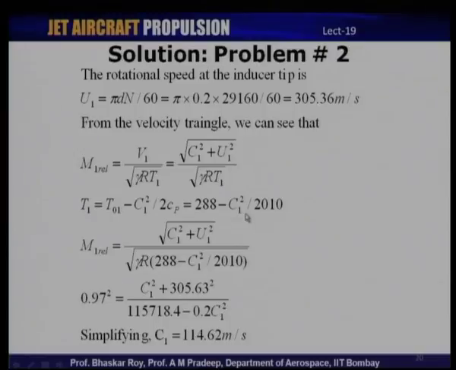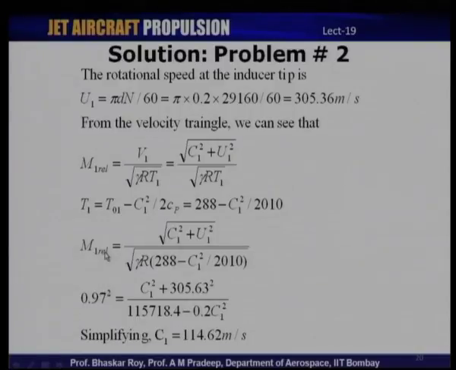Therefore, we get C1 square by 2010. So, relative Mach number is equal to square root of C1 square plus U1 square, where U1 we have just now calculated, 305.36, divided by square root of gamma R, and we will replace T1 by T01 minus C1 square by 2 Cp, and relative Mach number we know the limit, which is 0.97.